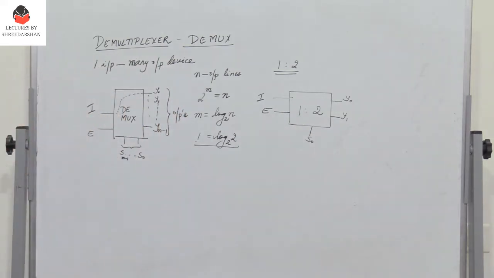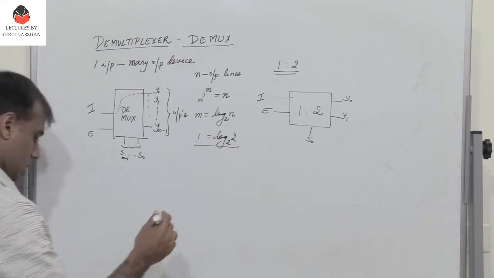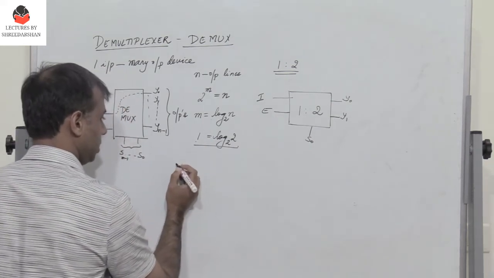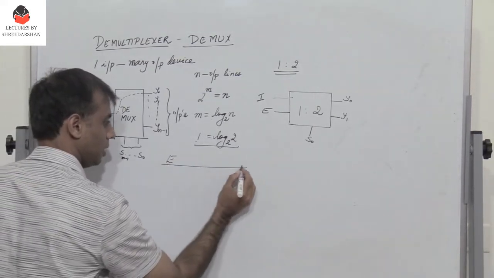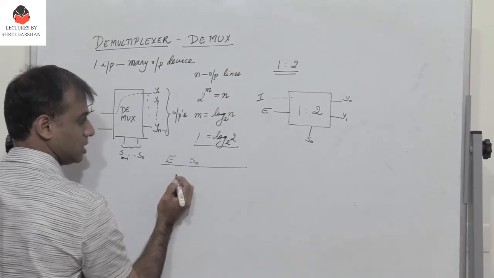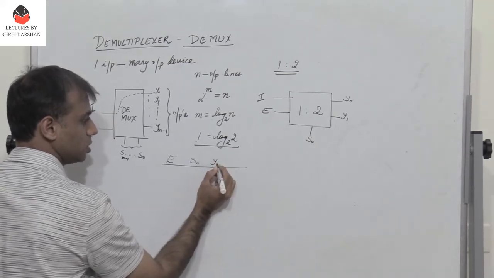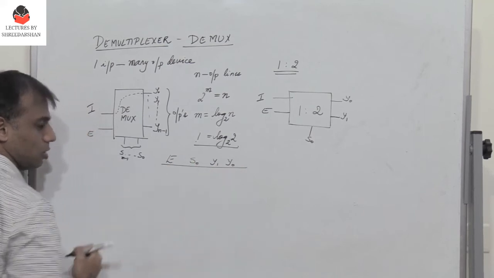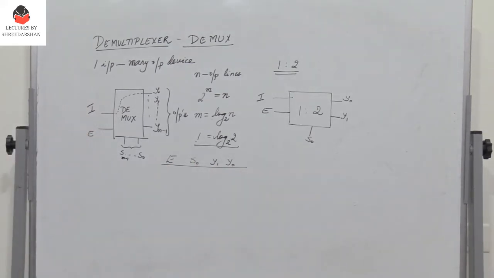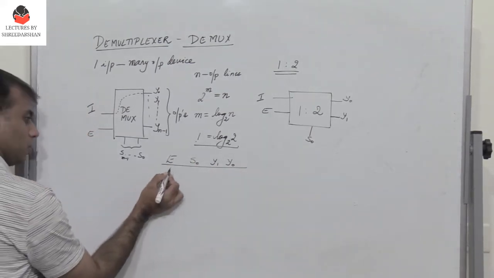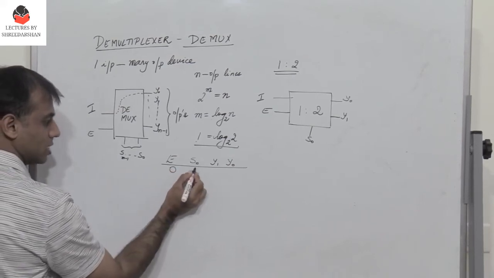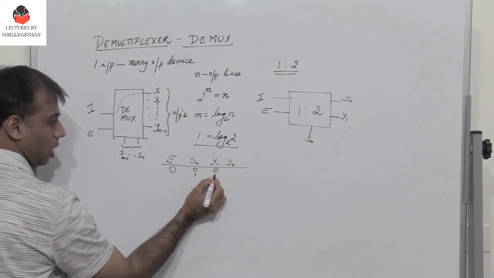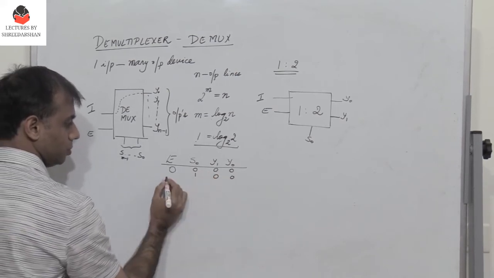How do we design this 1:2 demultiplexer? Let us write the table here. We have the enable, then the select line S0, and then the 2 outputs Y1 and Y0. When the enable is 0, irrespective of the select line, whether it is 0 or 1, the output will remain 0.